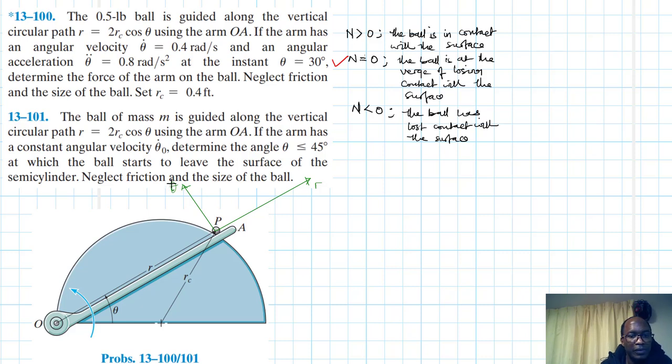We have theta, we have r, and then we have the weight. Let's indicate the normal force.